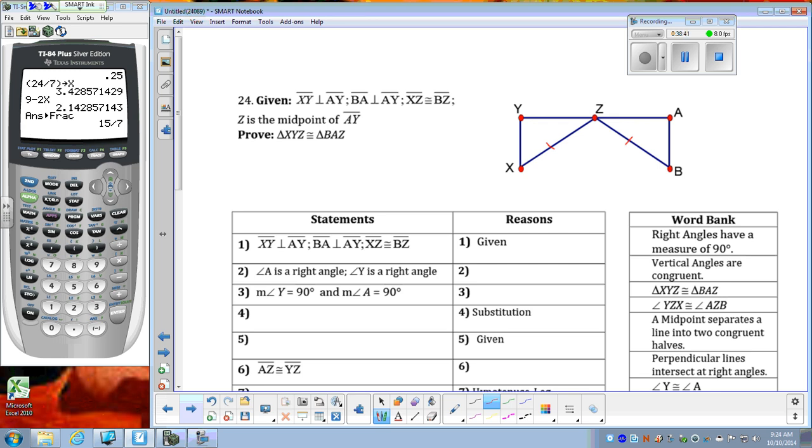Statement 2 says that angle A is a right angle and angle Y is a right angle. Well, how do I know that? Well, I know that perpendicular lines intersect at right angles. So for reason number 2, this would be perpendicular lines intersect at right angles.